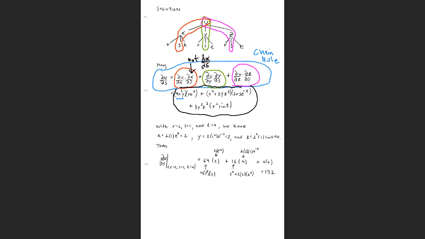Well, I could substitute in for that portion of the formula. I could put in x equals r times s times e to the t, and then y would be r times s squared times e to the negative t. Okay, but I'm not going to do that. I'm not going to break this term down either, and I'm not going to break this term down either, because I'm trying to evaluate this partial derivative specifically when r equals 2, s equals 1, and t equals 0.